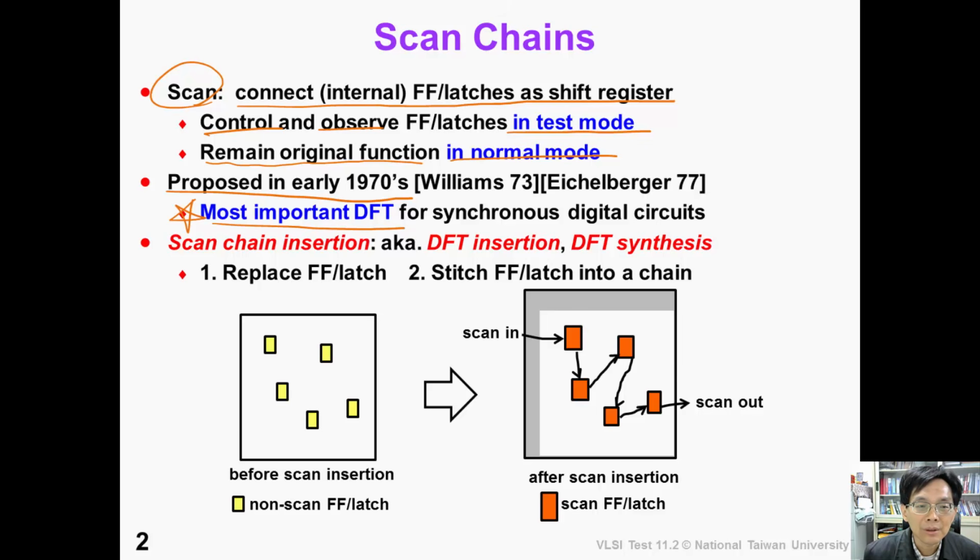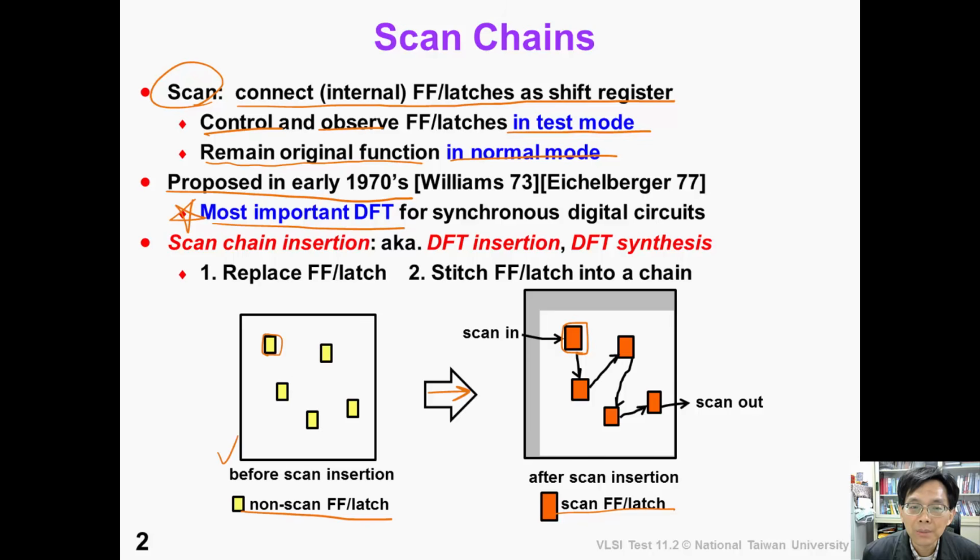The bottom two figures show how we can insert a scan chain into a design. On the left-hand side, this is an original design before scan insertion. The yellow squares represent non-scan flip-flops or latches. After scan insertion, we replace those non-scan flip-flops with scan flip-flops. As you can see, the orange squares are larger in area than the non-scan flip-flops.